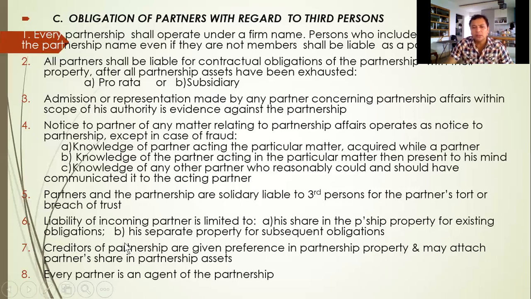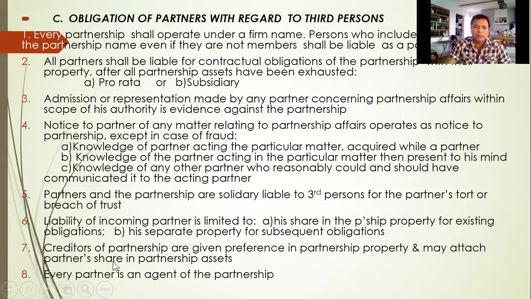But in case the partnership has subsequent obligations or debts, then his separate property will be made liable. No? Meaning his personal property. When will this happen? When the partnership is insolvent and all of its assets are already exhausted and can no longer pay its debts. No? So, the separate property of the new partner will be used.